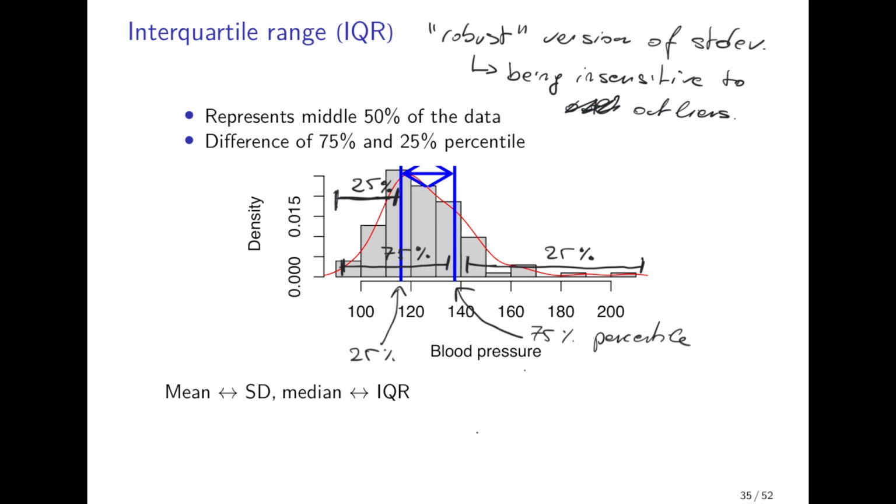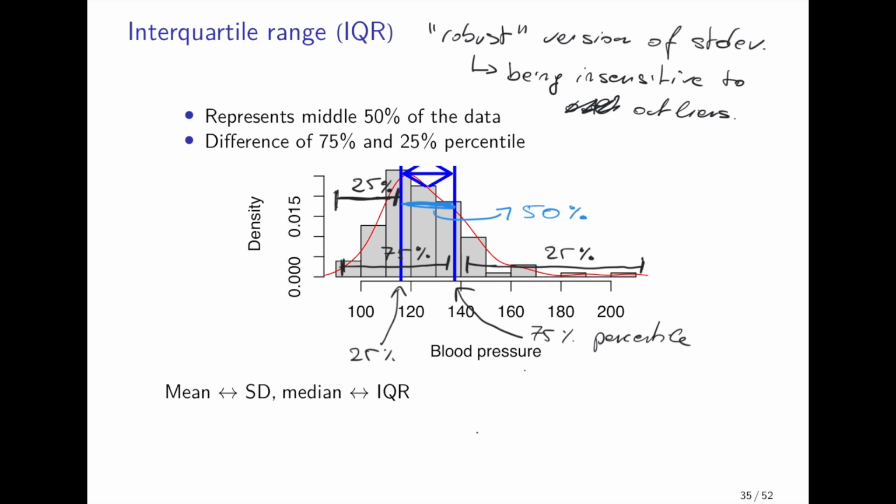And now if you look at the figure carefully, between the 75th and the 25th percentile, precisely the part that's indicated in blue, I'm shading again, you have 50% of your data. So in a sense, the interquartile range is the middle 50% of your data set.